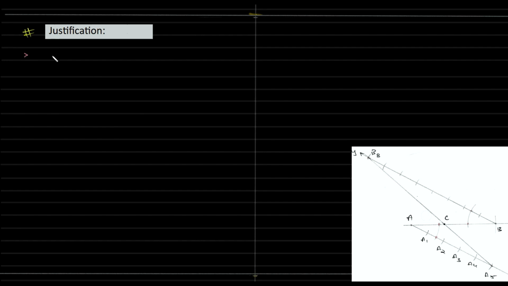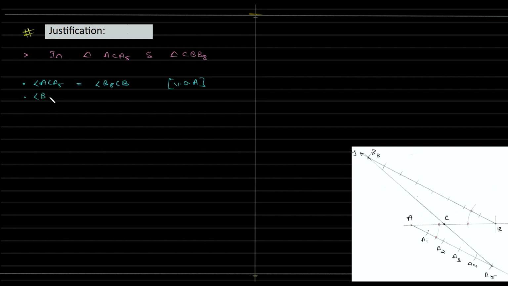So first thing is we'll talk about in triangle ACA5 and triangle CBB8. We have angle ACA5 which is equal to angle B8CB, vertically opposite angle.